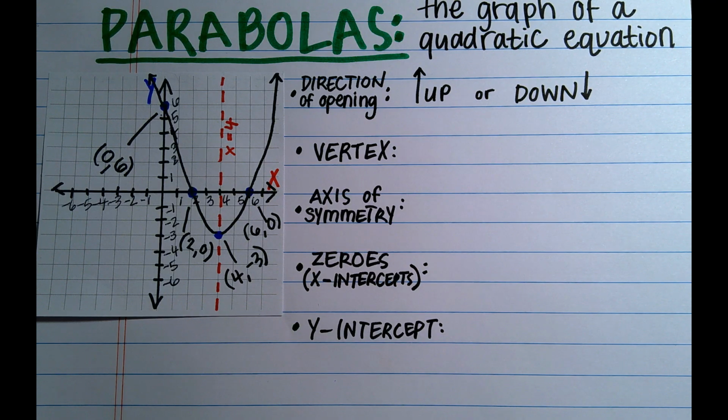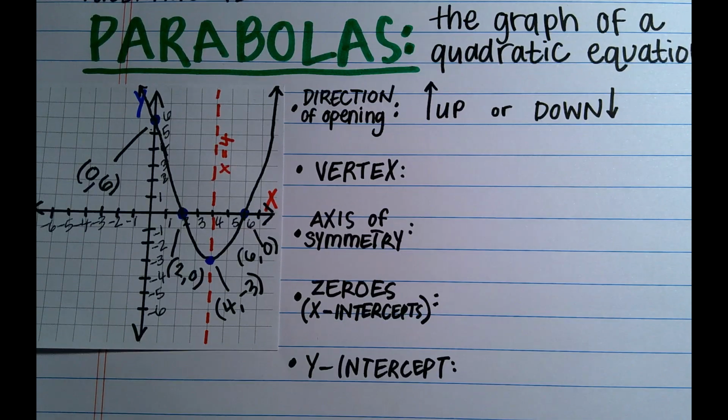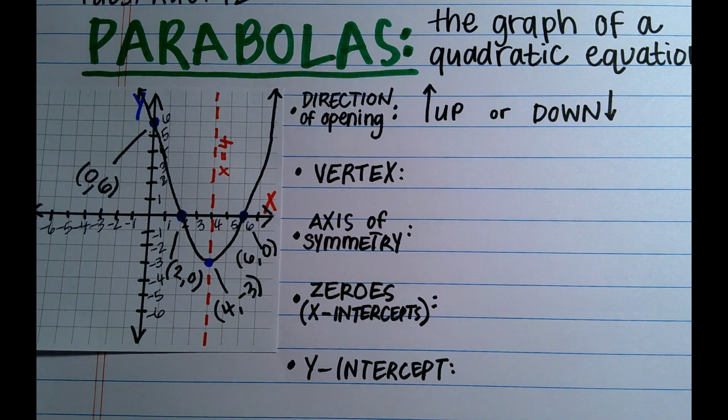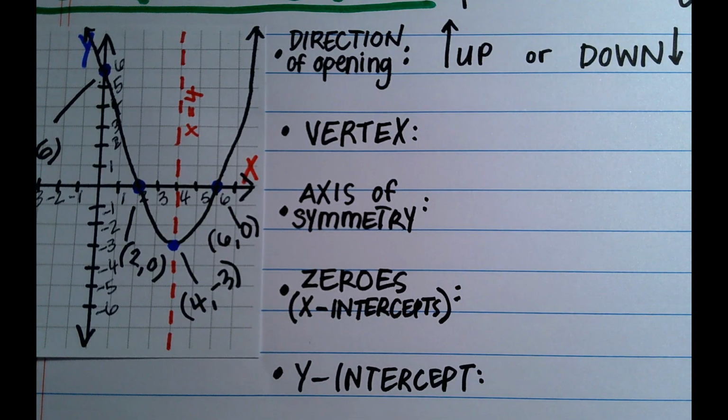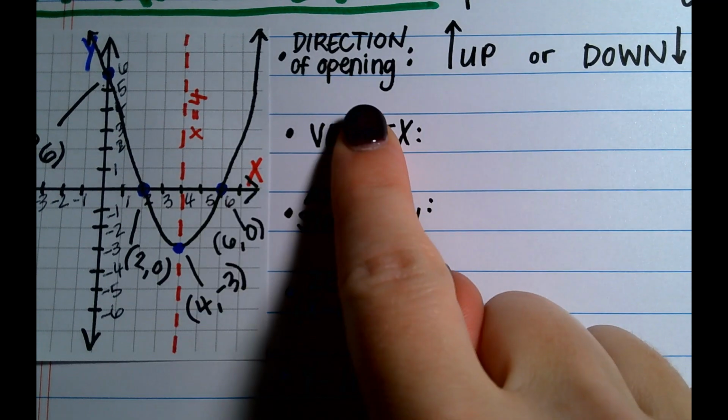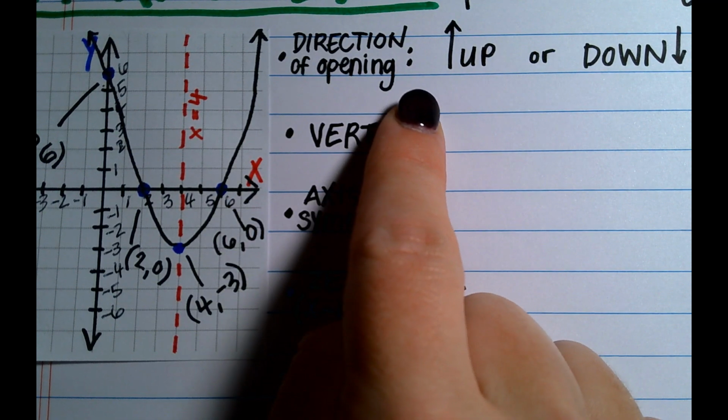Okay. Now, we're just going to do these today. There's also a domain and range, but we're not going to worry about that today. So I'll let everybody get this copied down. Lots of writing today. I do apologize, but I'll give you time to write. So, first thing, direction of opening.